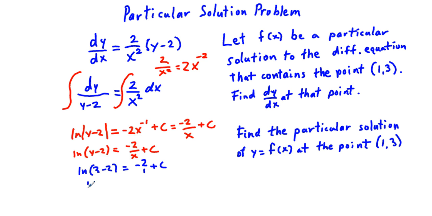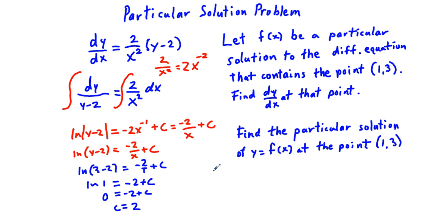So ln of 1 is equal to negative 2 over 1, which is negative 2, plus c. Actually, ln 1 is 0, because what power does e have to be raised to equal 1? Well, 0. So we get 0 equals negative 2 plus c. So we say c equals 2.